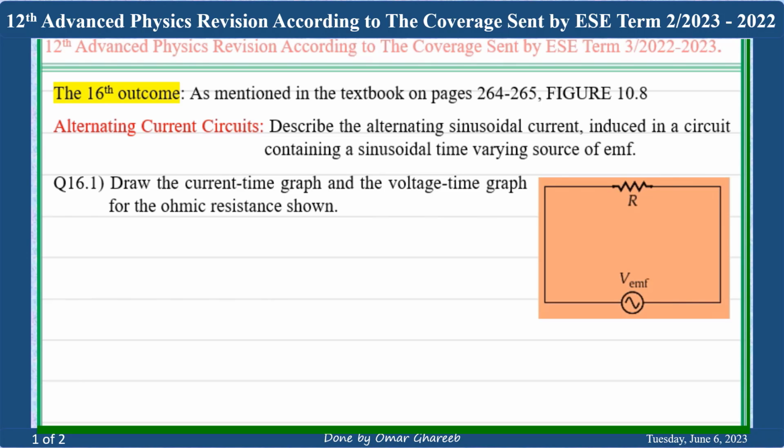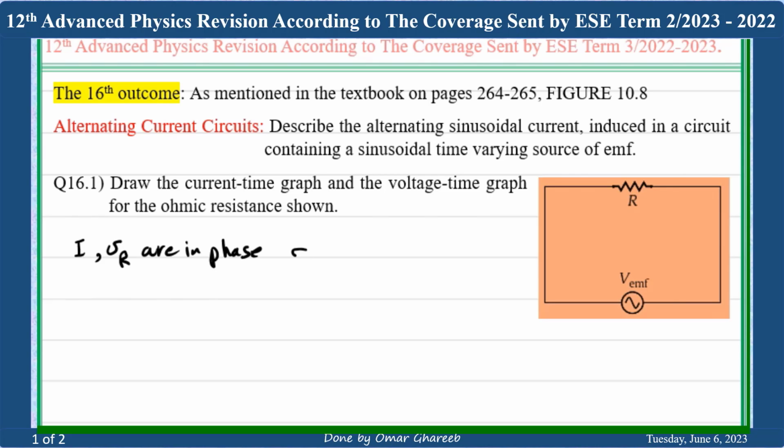So the current would be 0 if the voltage is 0. The current would be maximum if the voltage is maximum. They are in phase. So I and VR are in phase.